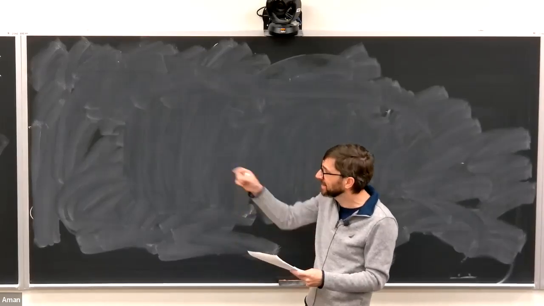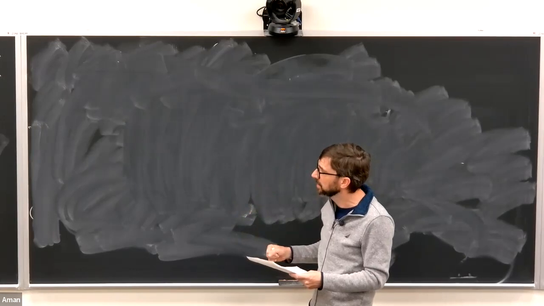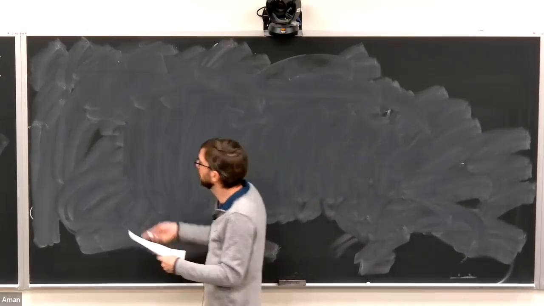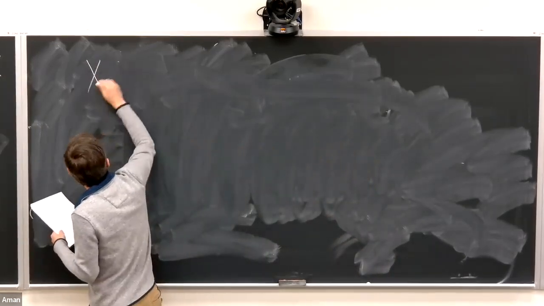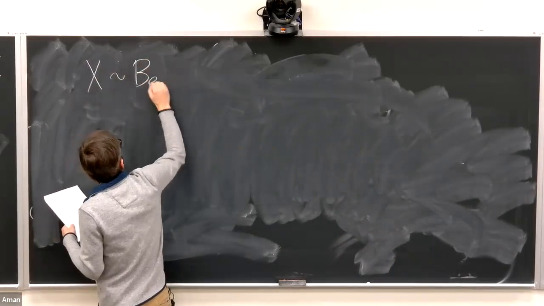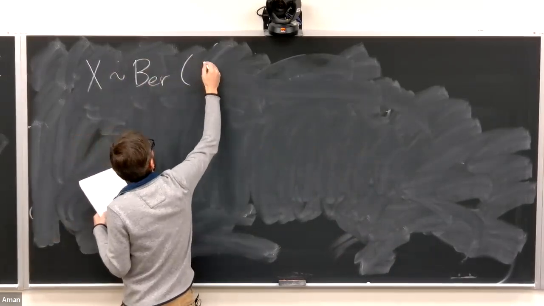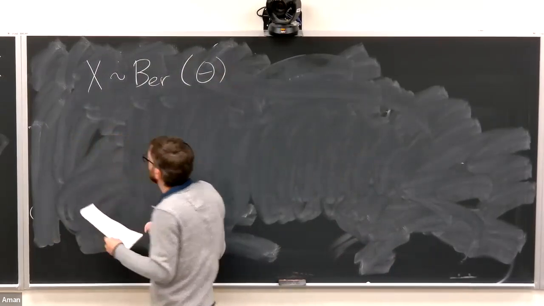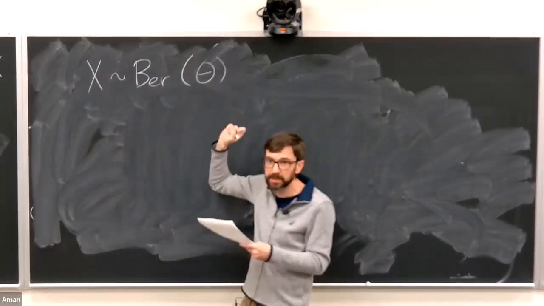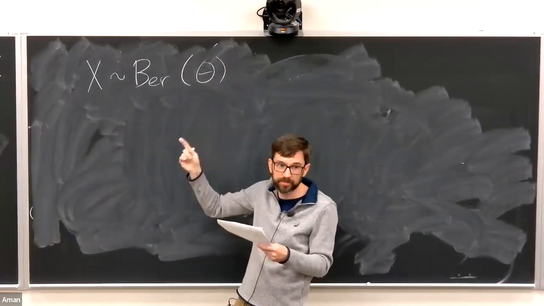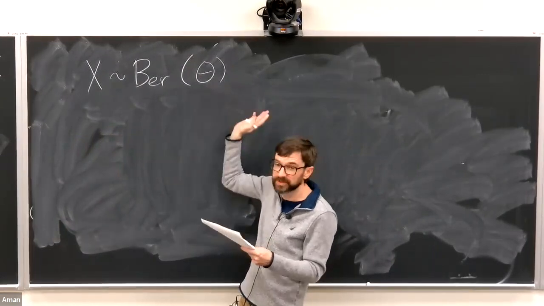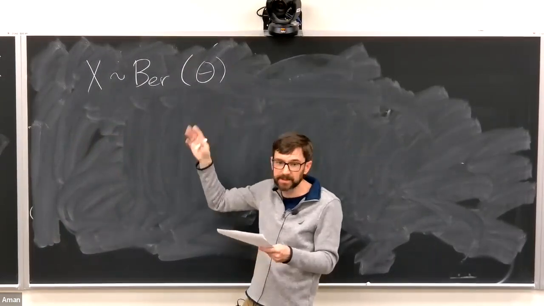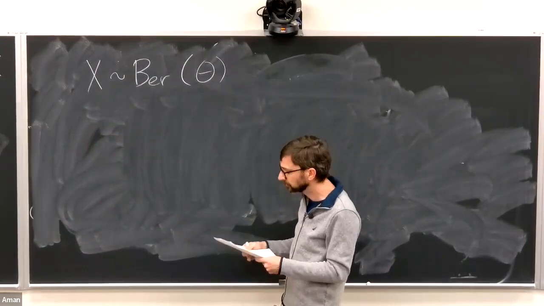Let's think about what entropy is for a Bernoulli random variable. Remember, it has just one parameter, which we were calling theta. This is the probability of a 1, and 1 minus theta is the probability of 0.